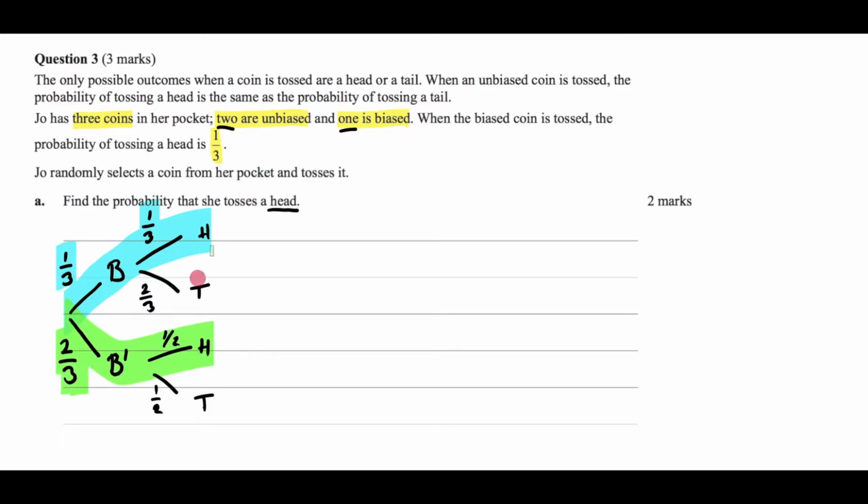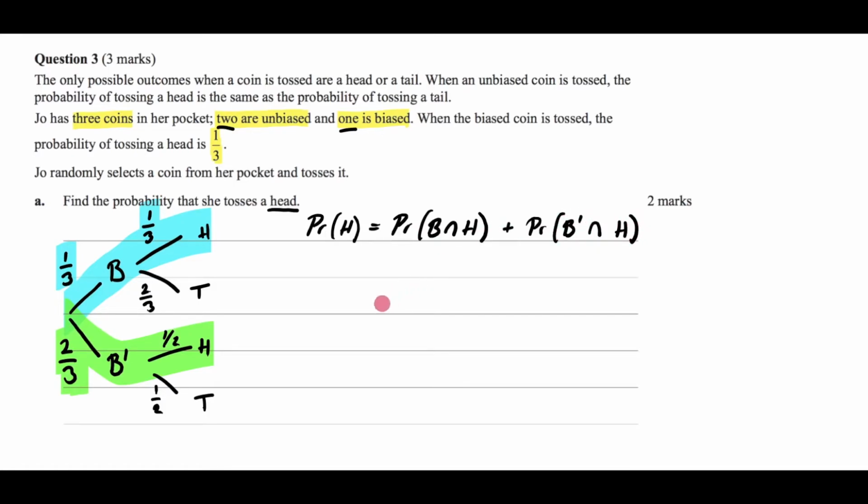So there are 2 ways of her getting a head. The probability of her tossing a head is going to be the probability of a biased coin, the intersection of head, plus the probability of an unbiased coin, the intersection of head.